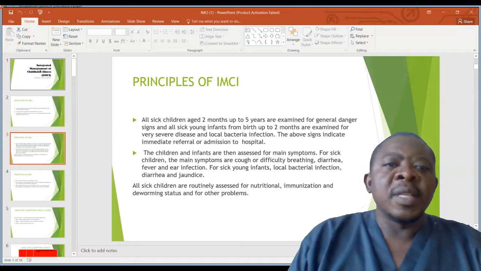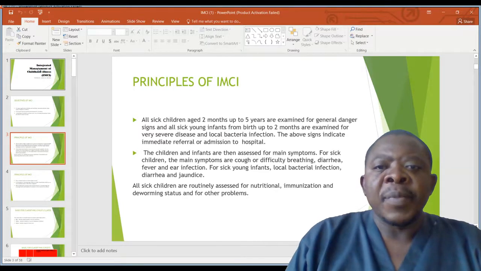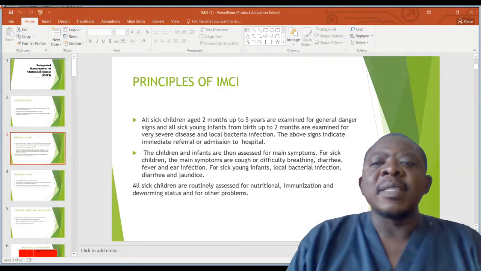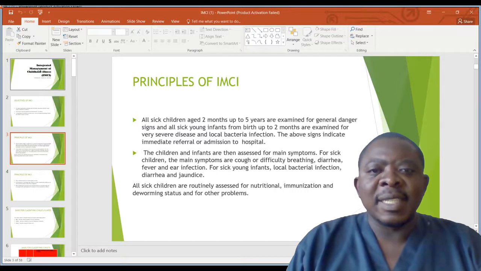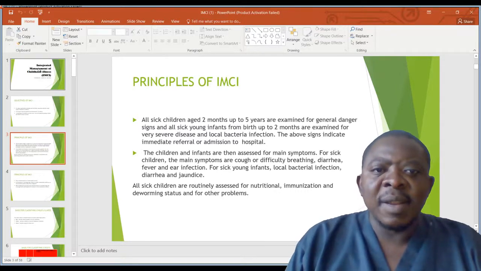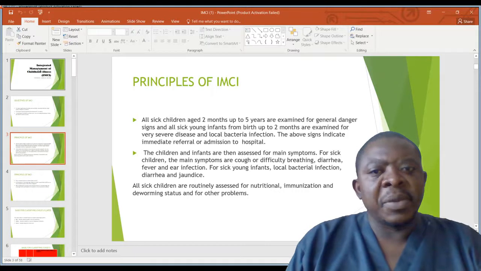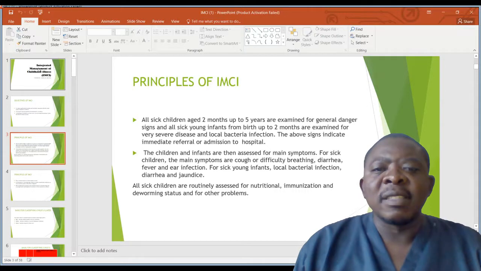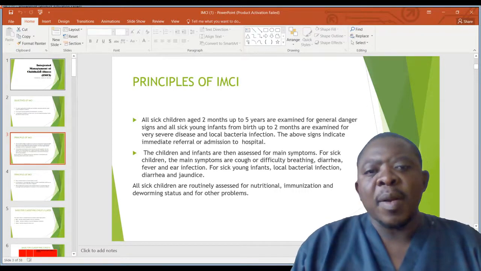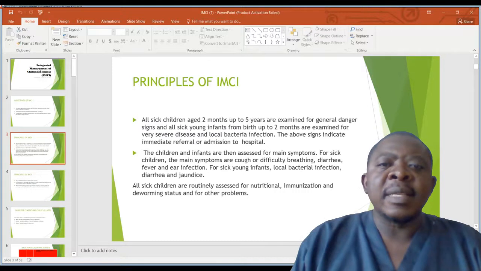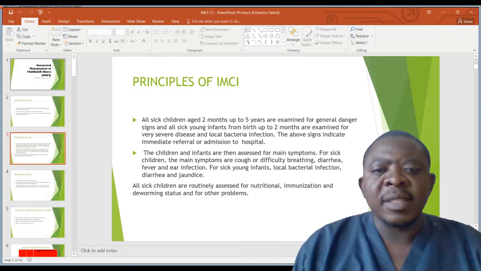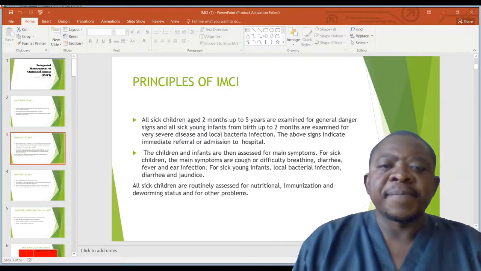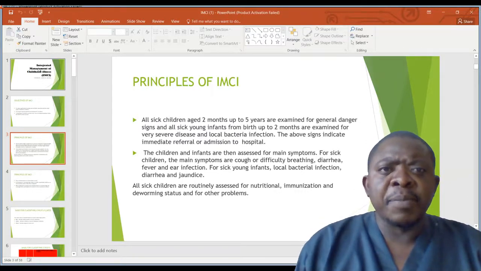So the second principle of IMCI is that all infants should be assessed for main symptoms. The main symptoms that infants and young children may face include cough, difficulty in breathing, diarrhea, fever, or ear infection. These are the main symptoms that children might come complaining of. Of course, in covering this lesson, my awareness is more to do with the geographical area from which I have drawn the principles of IMCI.